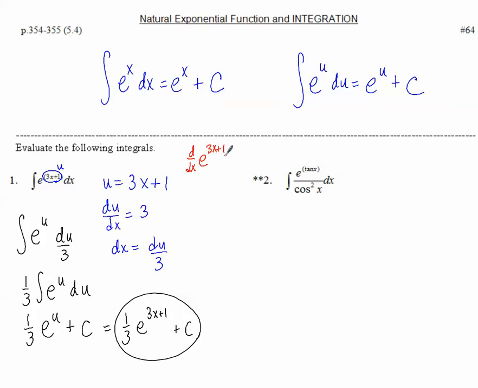So the derivative of e to the 3x plus 1, what do I do? I rewrite what I see, and I multiply by the derivative of the exponent. Where x is usually, and there's more stuff, the derivative of that is 3.